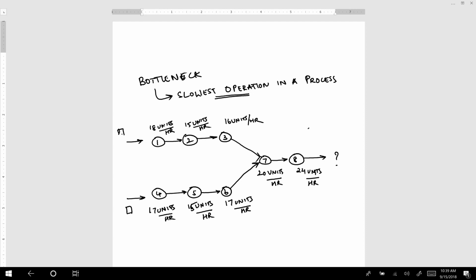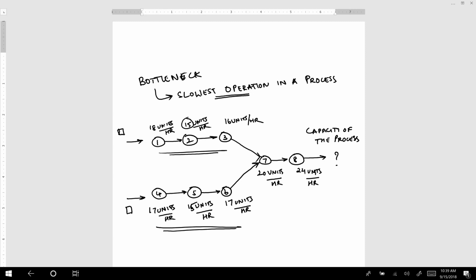So we are interested in knowing the capacity of the process. If you see, bottleneck is the slowest process. This system has parallel processing, so these two are parallel processes. On this side the bottleneck would be 15 units.